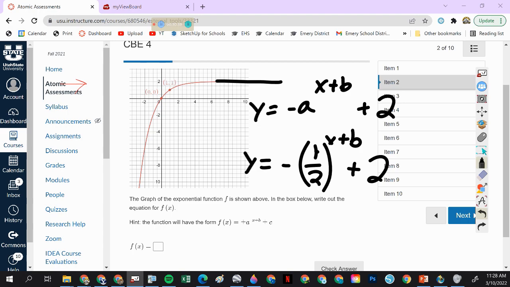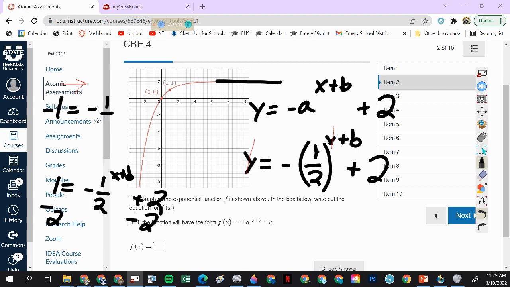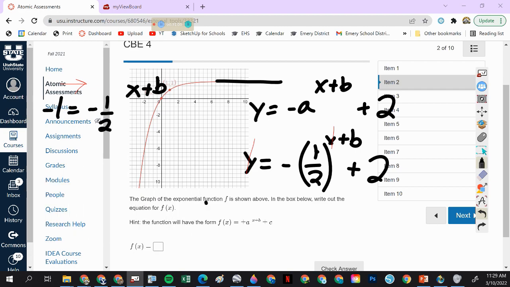Plug in 1, 1. So I put a 1 here and I put a 1 there. So 1 equals negative 1/2 to the x plus b, plus 2. What should I do? Subtract 2, and I get negative 1 equals negative 1/2 to the x plus b. Now what?